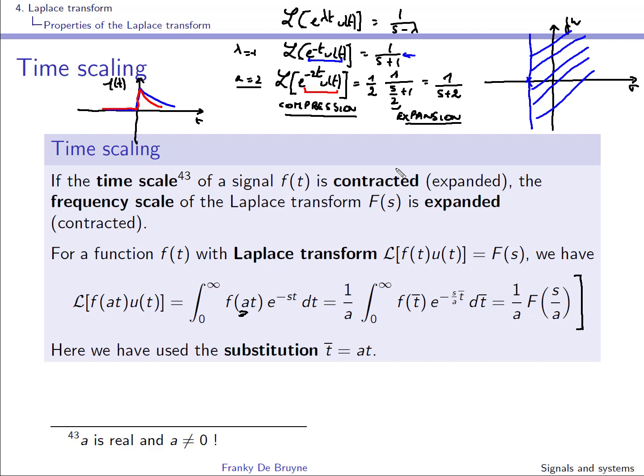And this one over here has a pole in -2, so the region of convergence will be as indicated here in red. And you see that this expansion in the s domain has also resulted in a change of the region of convergence.